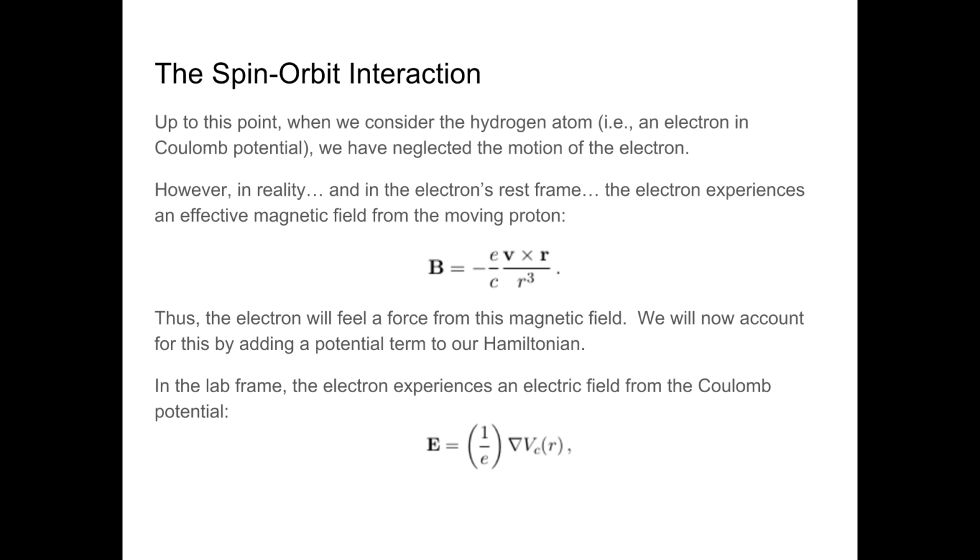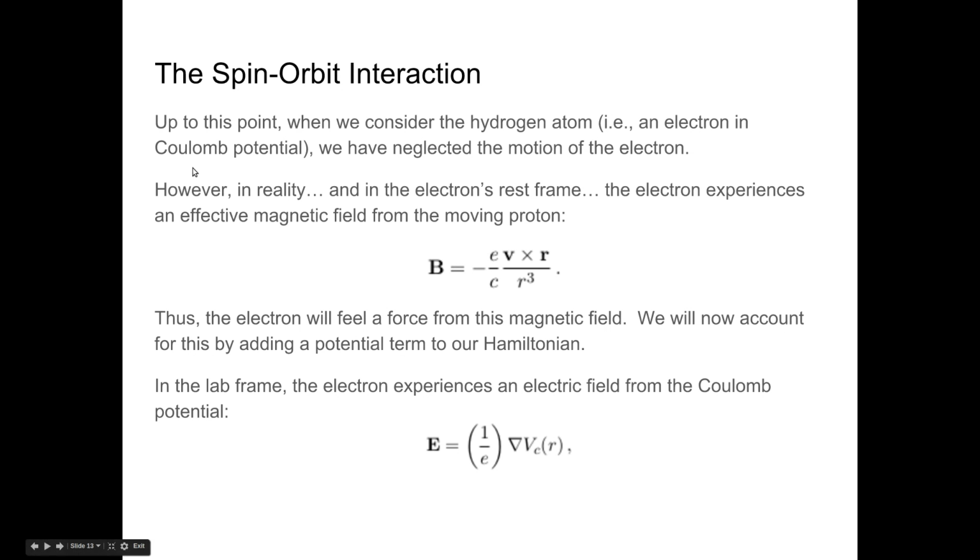All right, so for the second part of today's lecture, I want to consider the spin-orbit interaction and its effects on the energy levels of the hydrogen atom or a hydrogen-like atom. Up until today, we haven't neglected the motion of the electron, but we've neglected the interaction that arises from the motion of the electron inside the Coulomb potential.